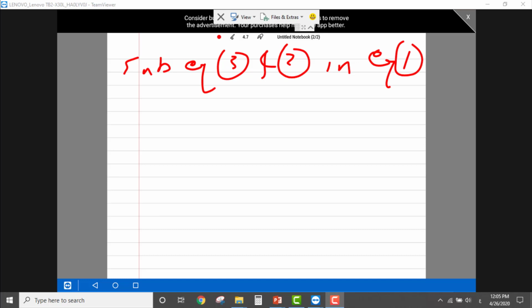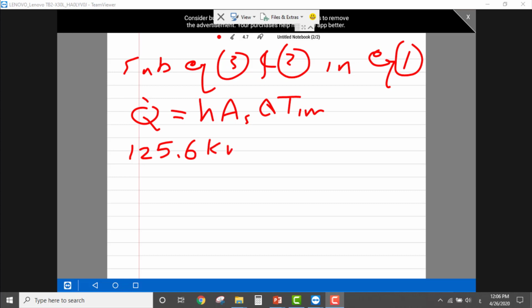So what do we have? We have Q dot. Let me write the equation first. Q dot is equal to H As delta T log mean. So Q dot is equal to 125.6 kilowatt, and this is equal to H, which is 800, multiplied by surface area. I will not substitute surface area; I will find surface area, then I will find L, multiplied by delta T log mean, which is 32.85.